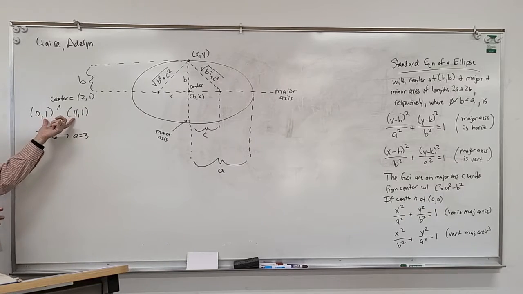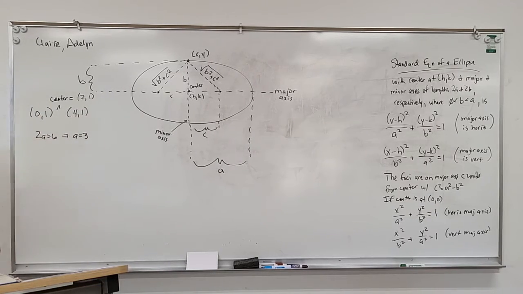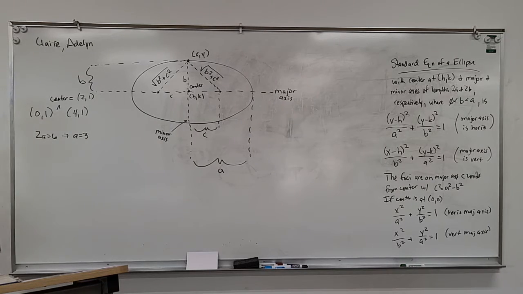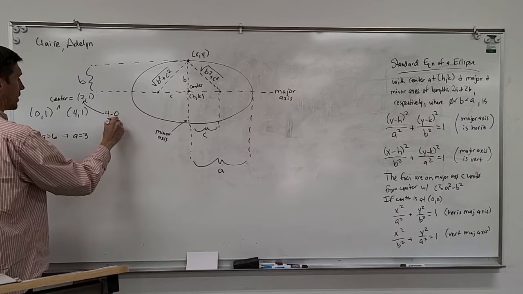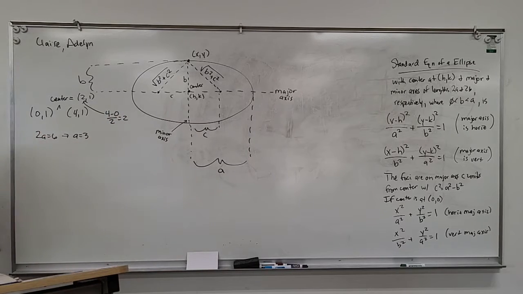So 4 minus 0 divided by 2 equals 2. So we've got our center point, so we've got h and k. We've got a. So the only thing that we don't have at this point is b, right? And c? Or do we have c? No, we don't need c. Right?